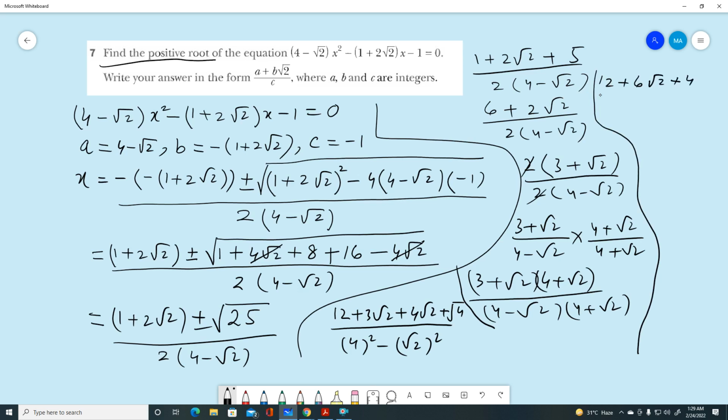Root 4 is 2. Upon 4 square is 16, square and root cancel, 2. 12 plus 2 is 14. 14 plus 6 root 2 upon 16 minus 2 is 14. Sorry.